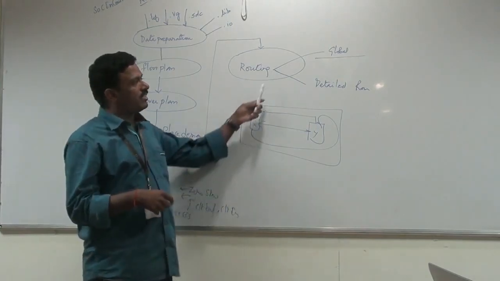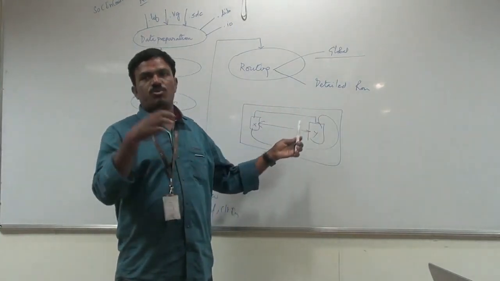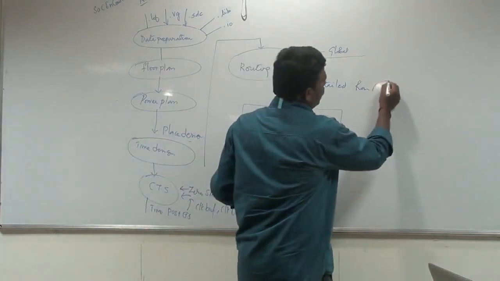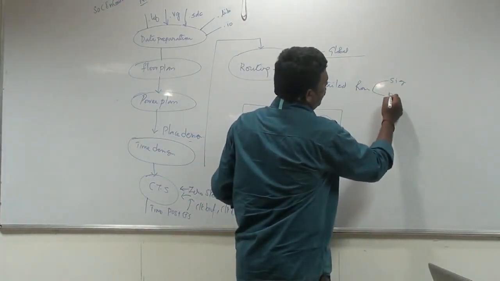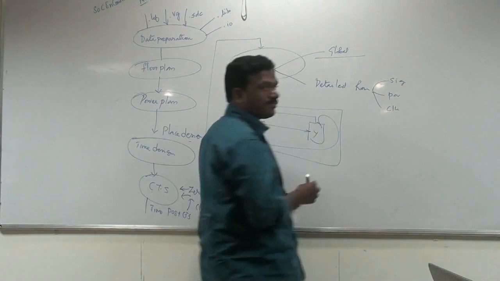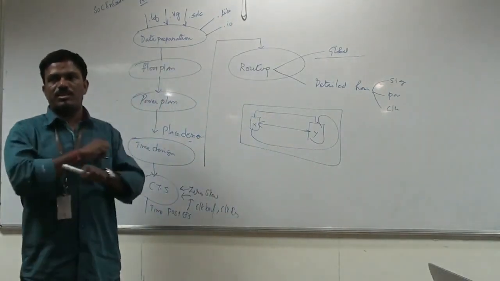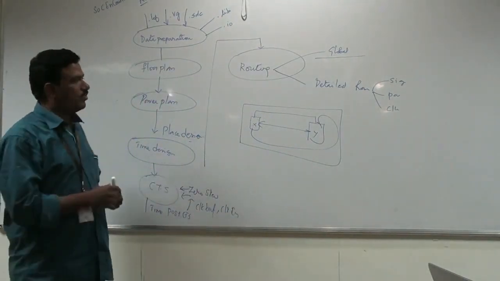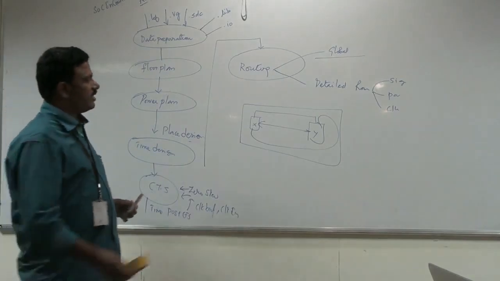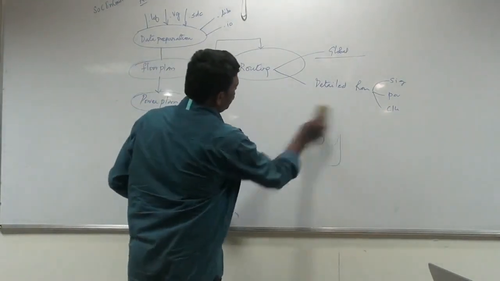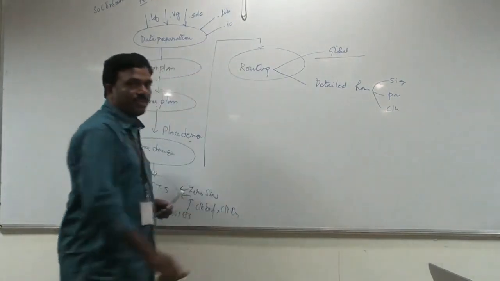Based on that, the detailed router will go and route three nets: signal nets, power nets, and clock nets. All three nets are routed, and at this stage the complete routing is finished.